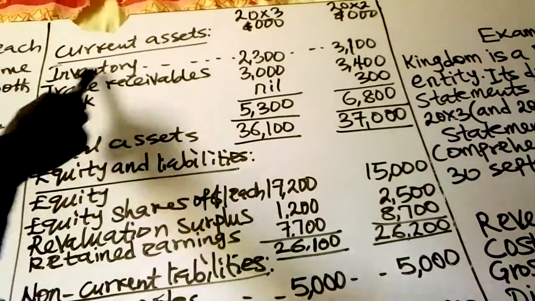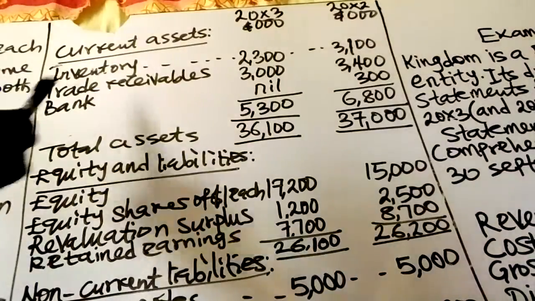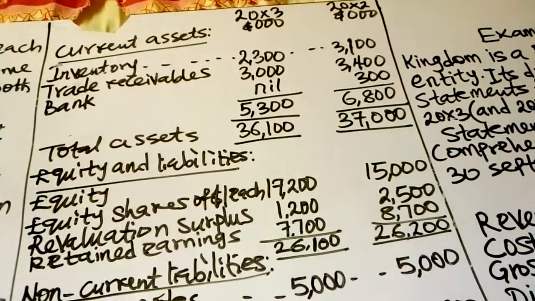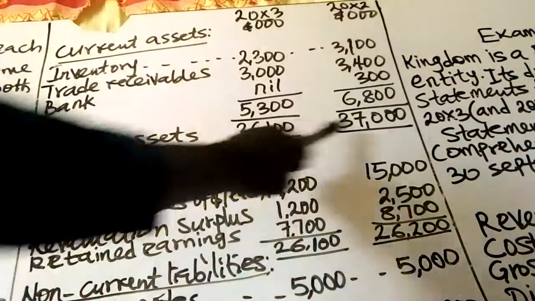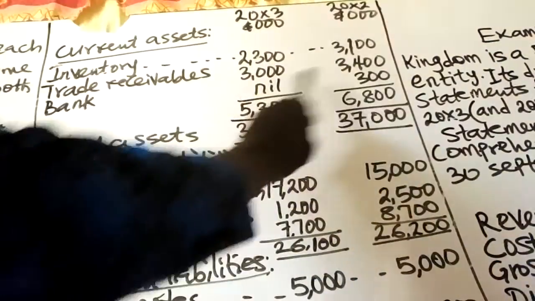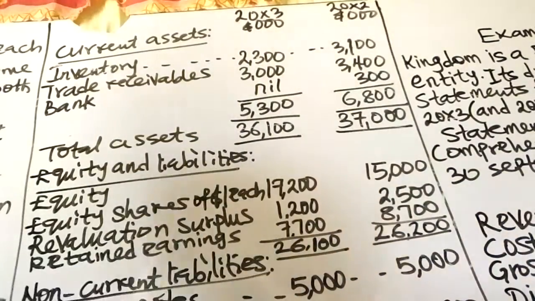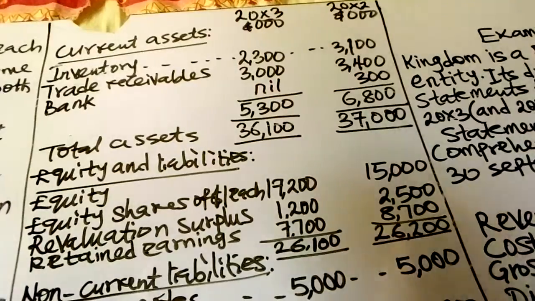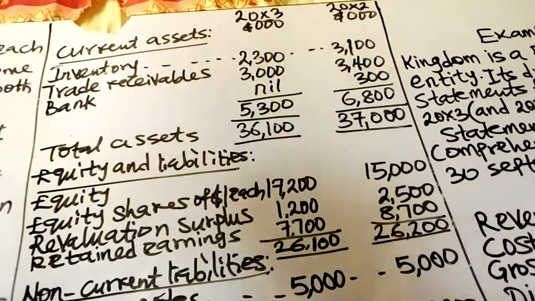We have trade receivables and we have bank. Then we also have total assets. This is total current assets and this is total assets. By total assets we mean the total of non-current assets and current assets.